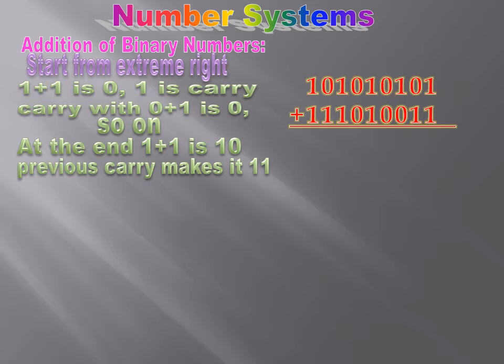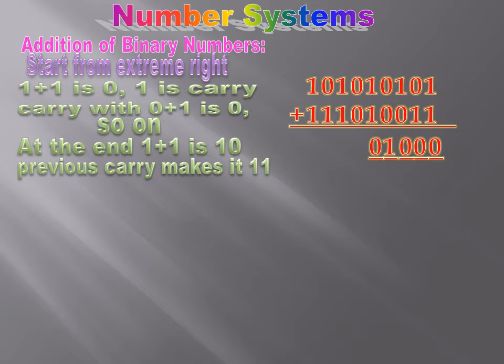Starting from the rightmost, 1 plus 1 is 0, 1 is carry. That 1 along with this 1 and 0 is again 0, 1 is carry. Then 1 along with this 1 and 0 is again 0 and 1 is carry. Then 0 plus 0 is 0, but the carry 1 will get added here and 1 will be here.